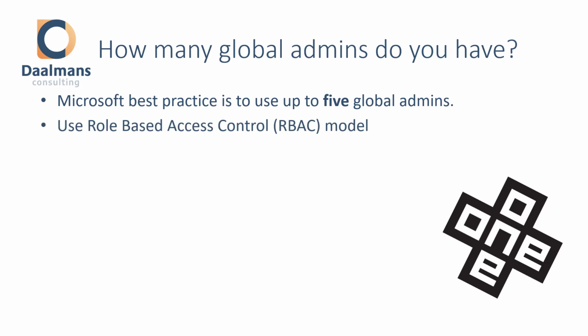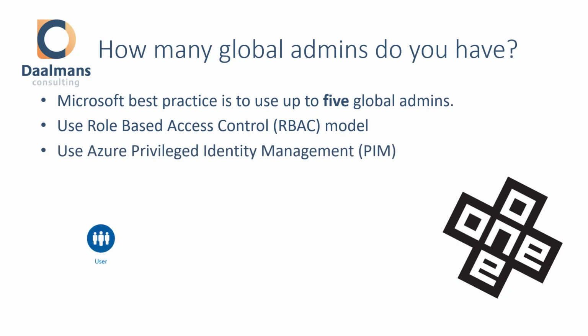Use the role-based access control model in Azure AD. Roles are being added almost on a weekly or monthly basis. If you're missing a role, just go to the Azure AD user voice and request a new role. And if you get a lot of votes, the role will be added or might be added already.